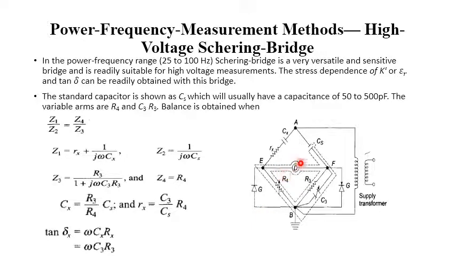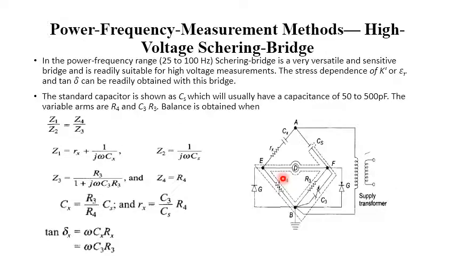Generally the detector may be a vibration galvanometer or, in modern bridges, a tuned electronic null detector of high sensitivity. The protective gaps, that is G, are arranged so that the low voltage arms are protected from the high voltage in case the test object fails.